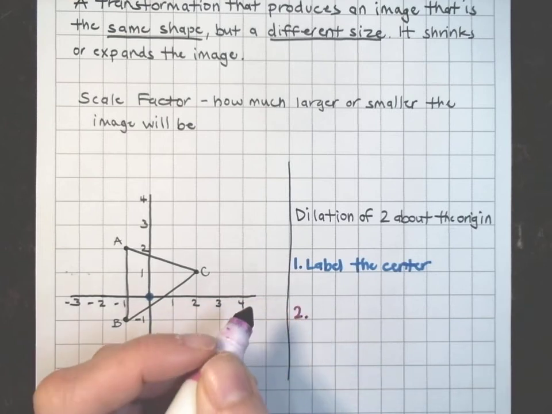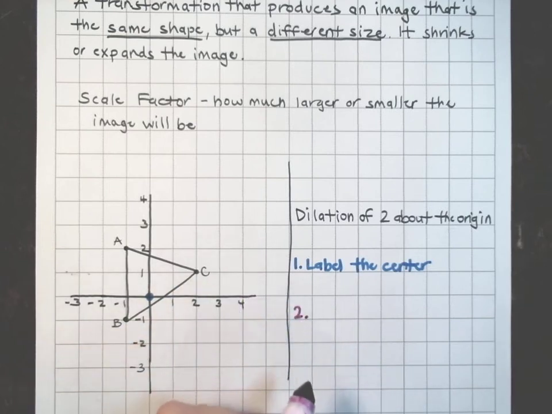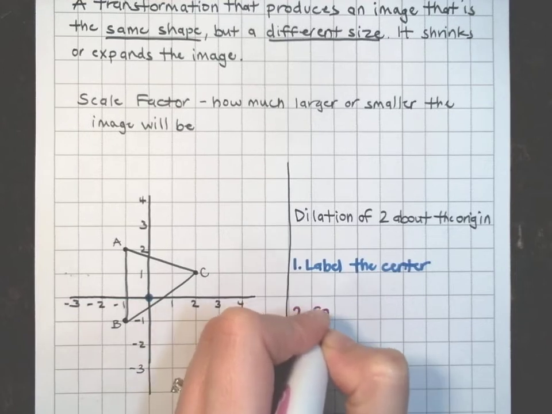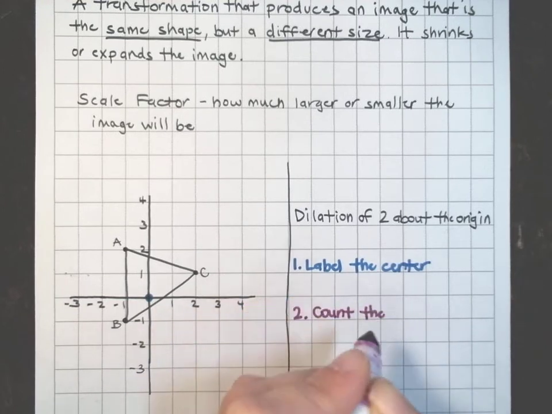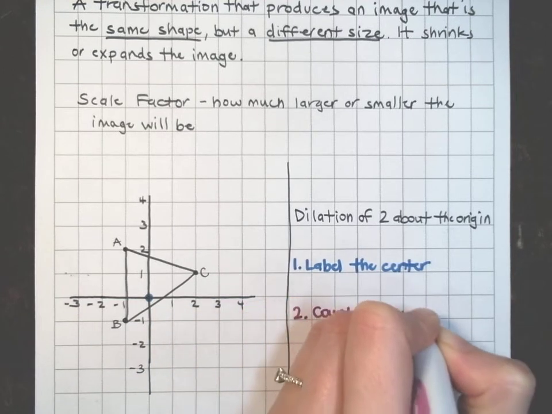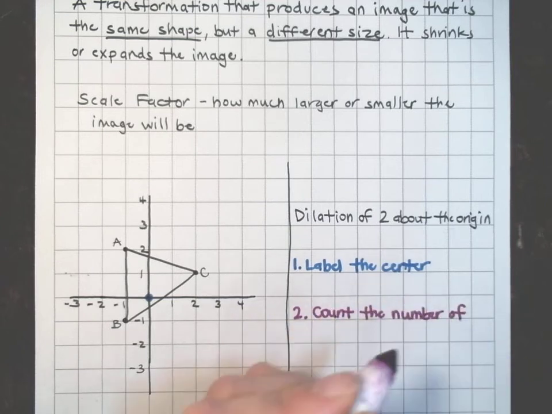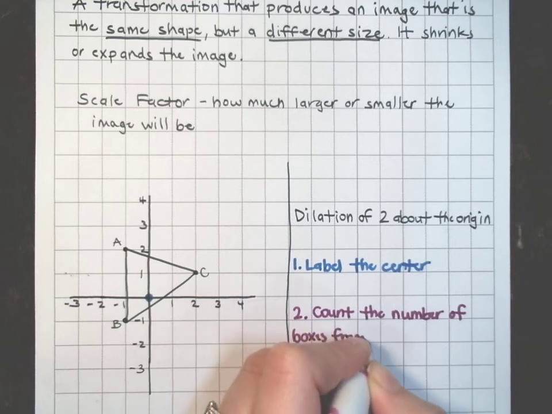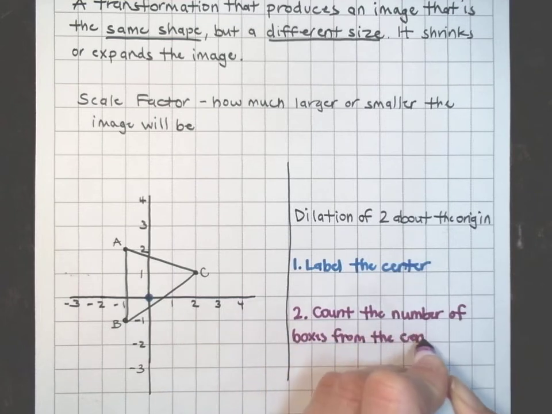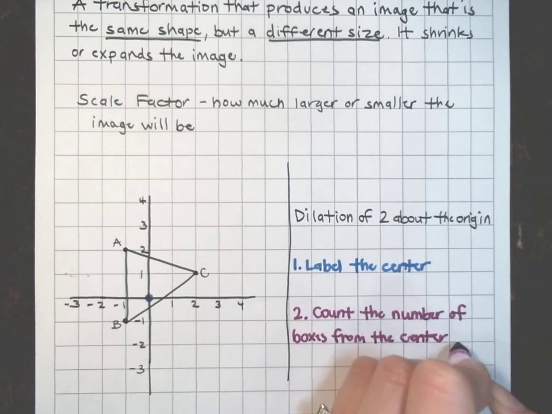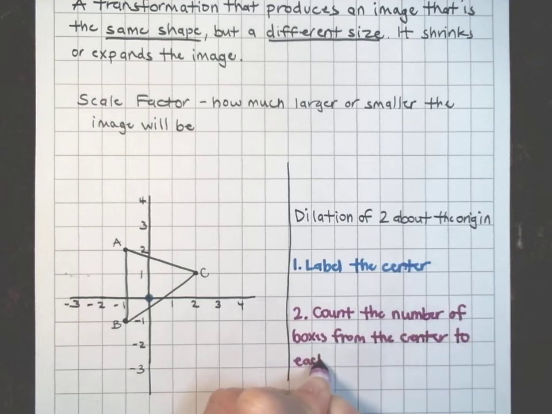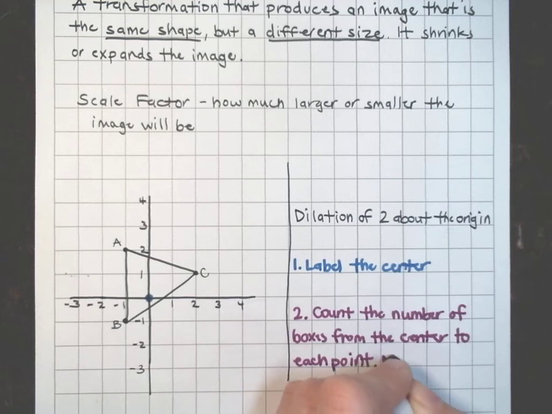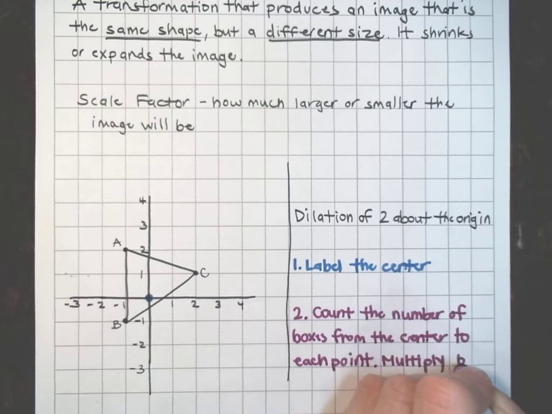Then you're going to count the amount of boxes from the center to each point. Then you're going to multiply by the scale factor.